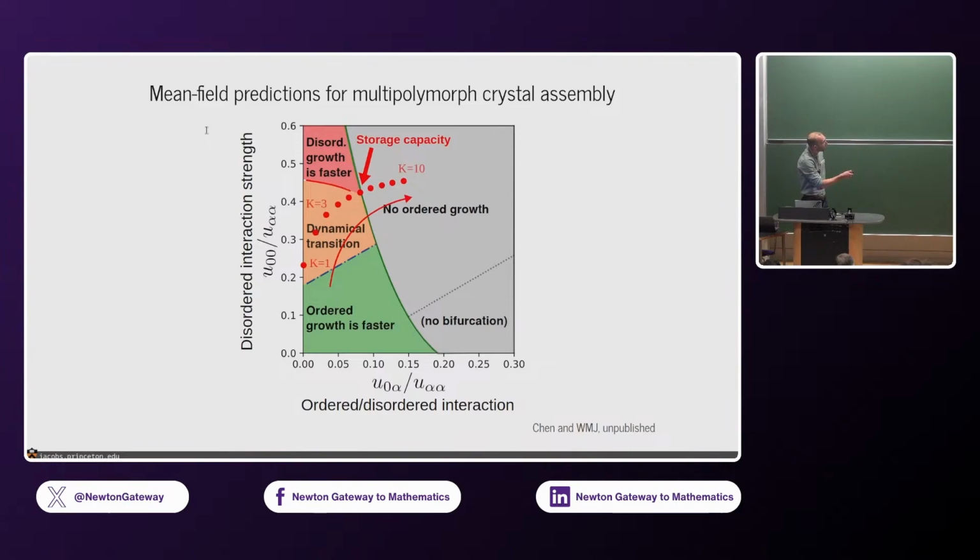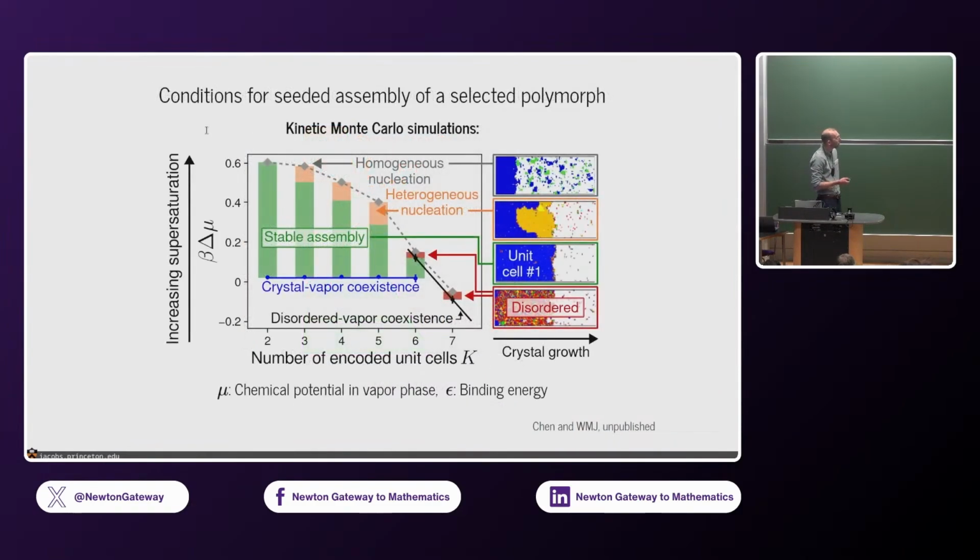Right? So that defines the capacity of the system. This is, in this case, the maximum number of structures that you could encode, predicted to be 6 in this case. Right, so that's the mean field prediction.